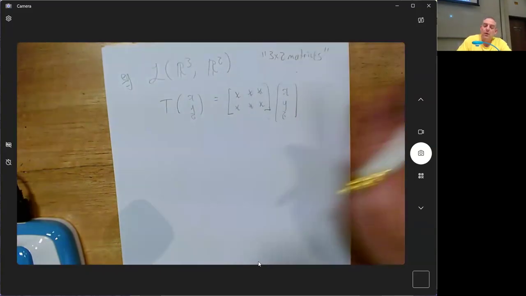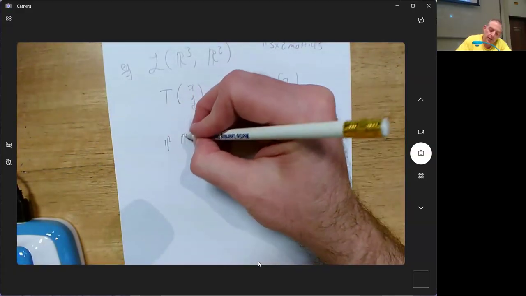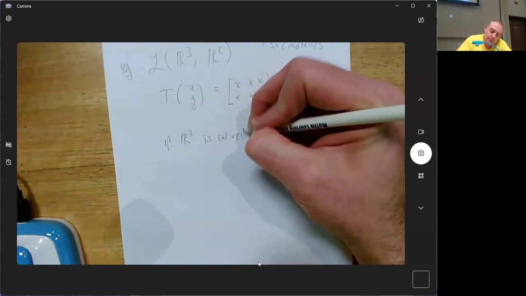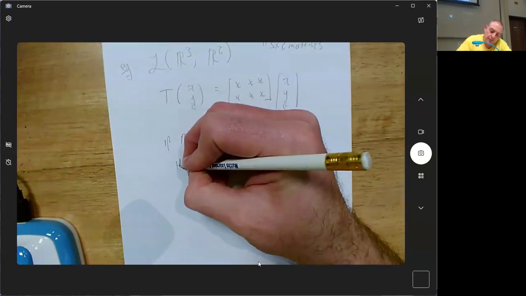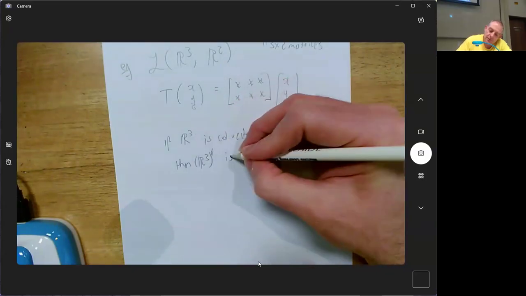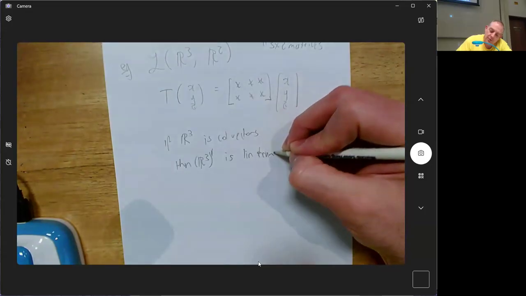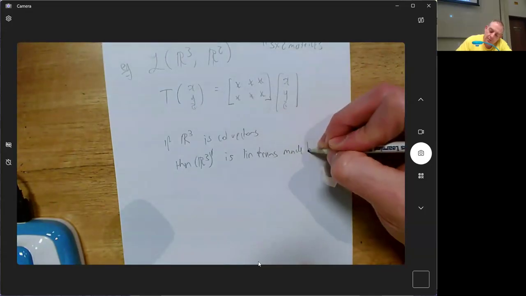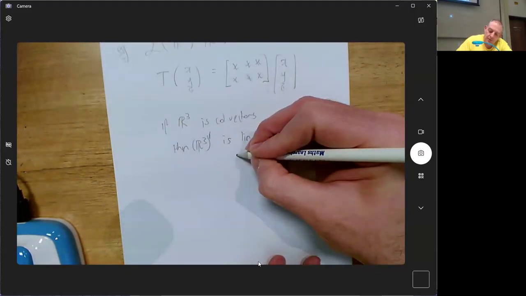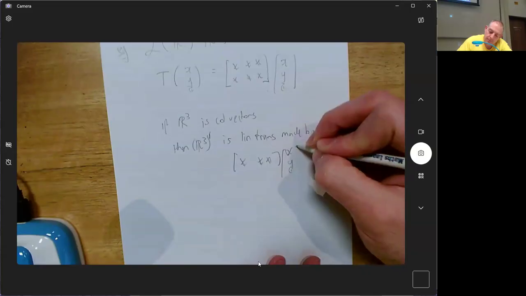And so if R3 is column vectors, then R3 dashed is linear transformations made by row vectors, as in something, something, something times X, Y, Z, right?